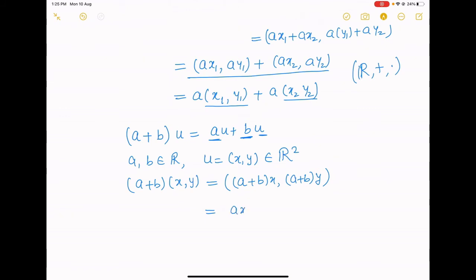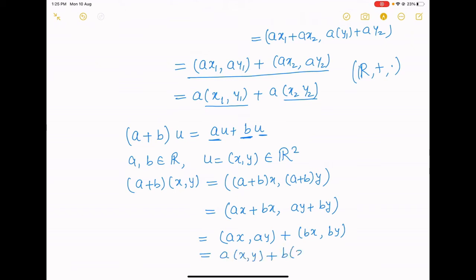This gives you (ax plus bx, ay plus by). Again we separate components: (ax, ay) plus (bx, by). This gives you a(x, y) plus b(x, y).